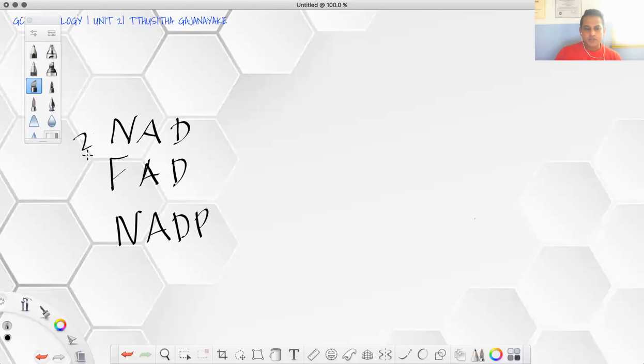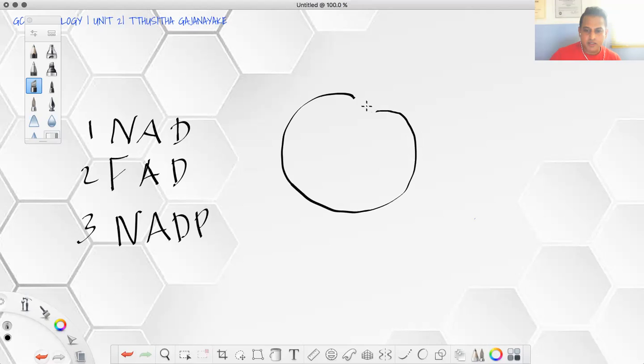So these three molecules mostly act as cofactors. I mentioned cofactors: some enzymes need an additional molecule for their function. So if the enzyme is like this, and binding of one of these molecules to the enzyme activates the enzyme, these are called cofactors.